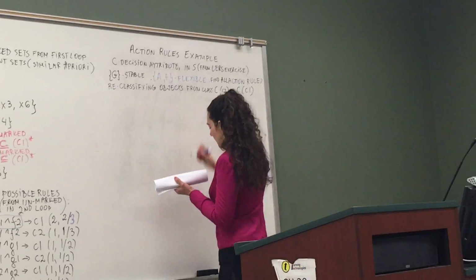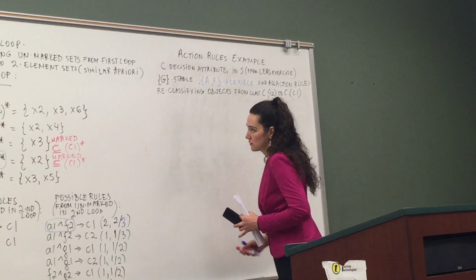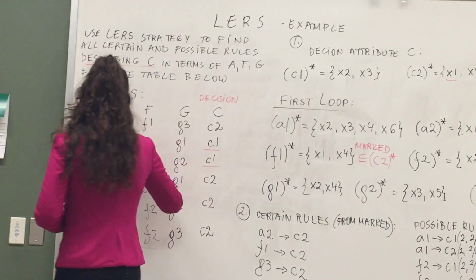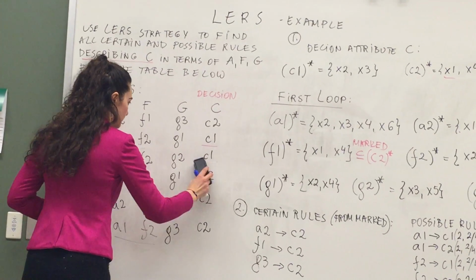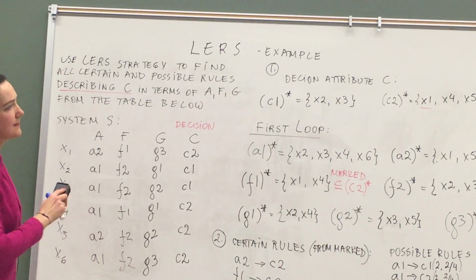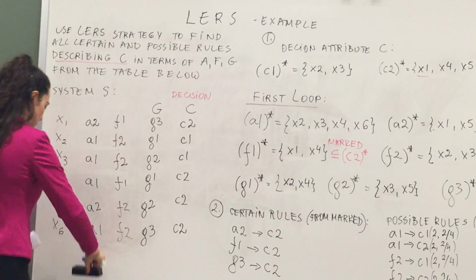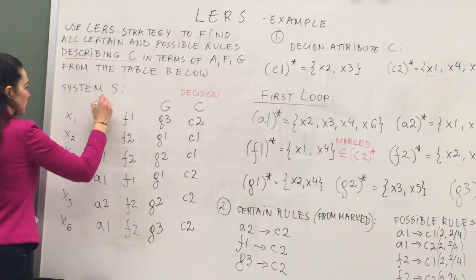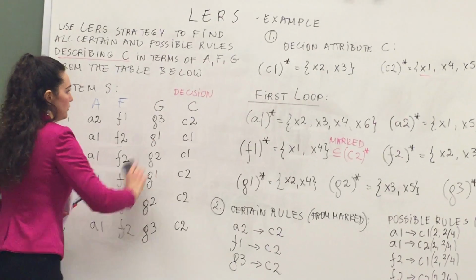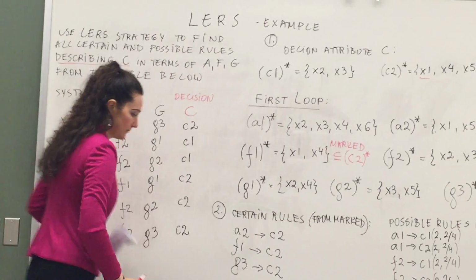Before we begin our action rules extraction, we need to specify which attributes are stable and which are flexible. So A and F are flexible, and I show that in blue color. C is the decision attribute, which I will show in red color.